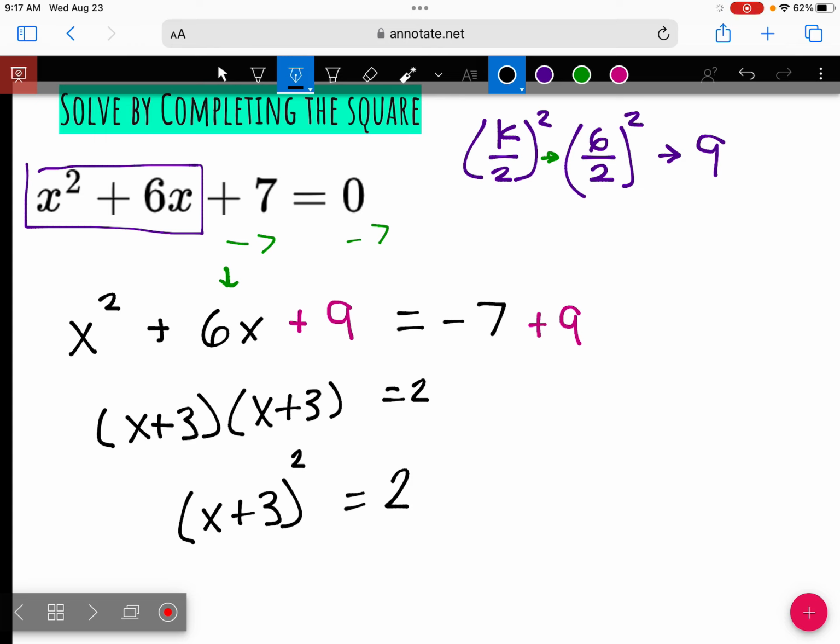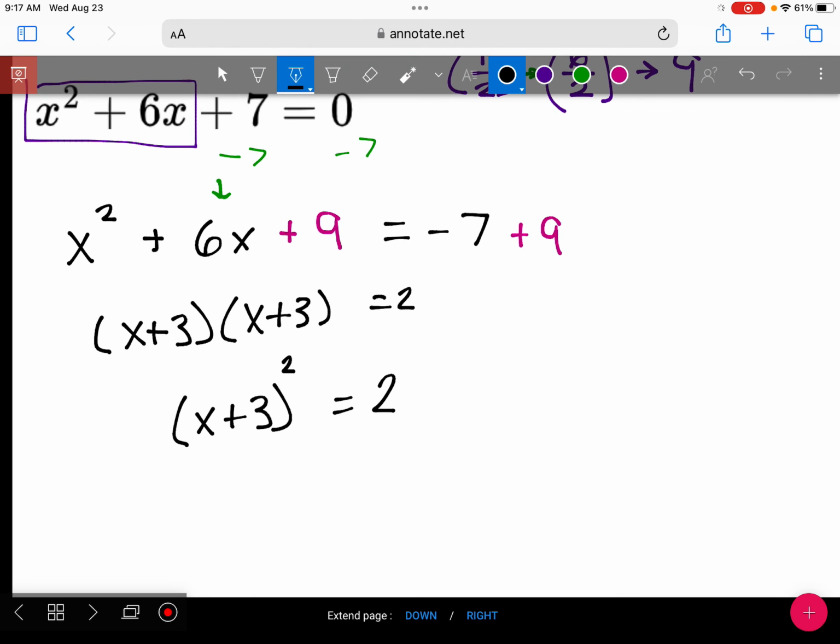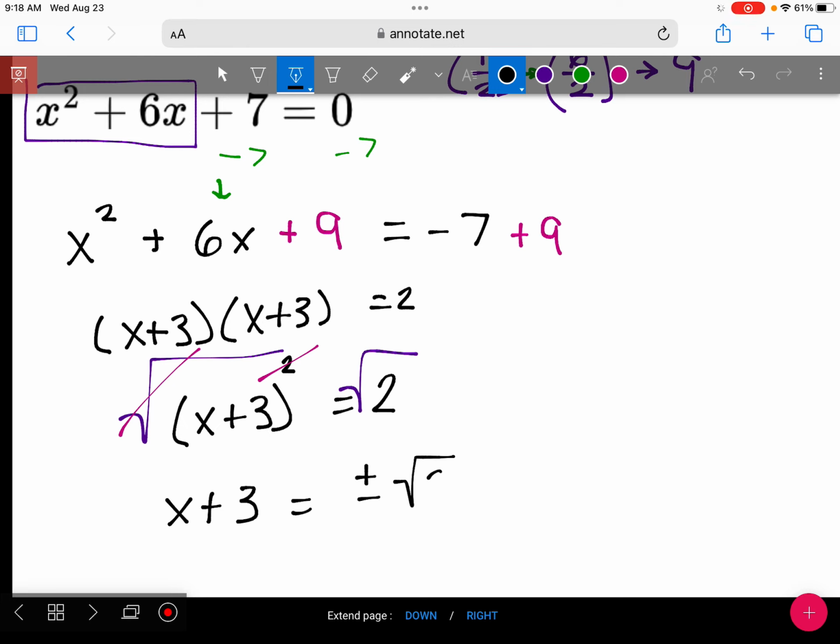We okay on how I did that? Okay, because I know it still feels real awkward right now because you're like, why? I know. How do I unsquare it? Square root it. Square root both sides. That makes the square root and the square cancel out, and we're going to have x plus 3 equals plus or minus square root of 2.